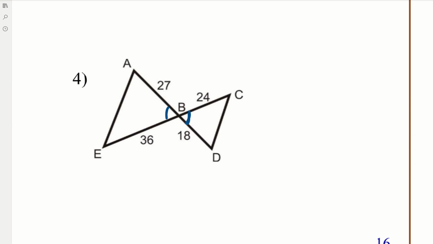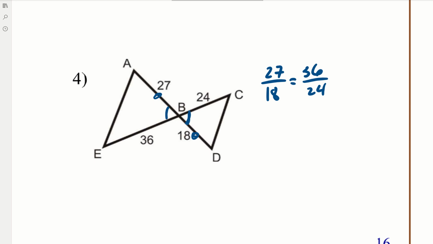I am going to see if the ratio of 27 over 18 is the same as 36 over 24.